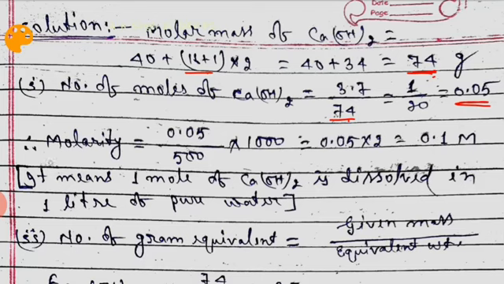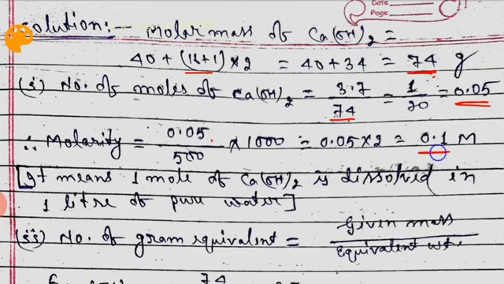Now, molarity. Molarity is equal to number of moles by volume of solution into 1000. Number of mole is 0.05. Volume of solution is 500 and into 1000. It is equal to 0.05 into 2.